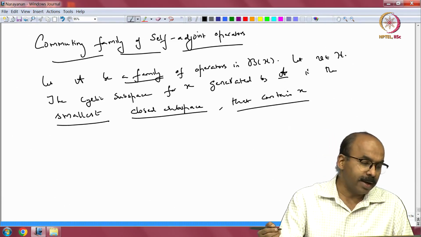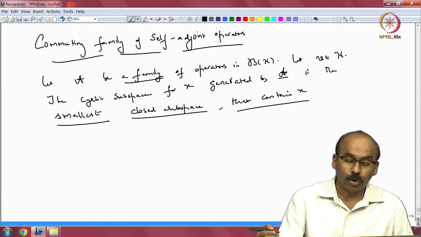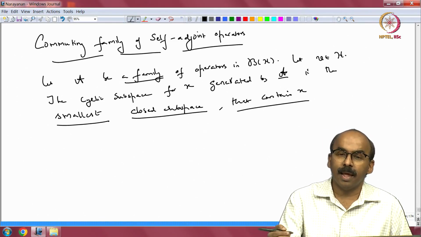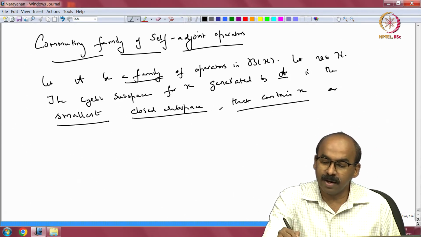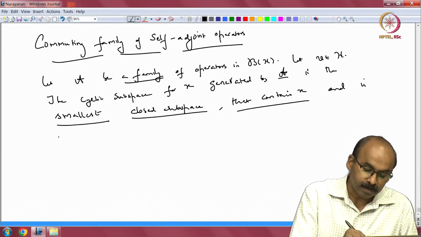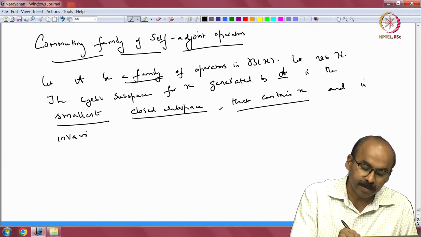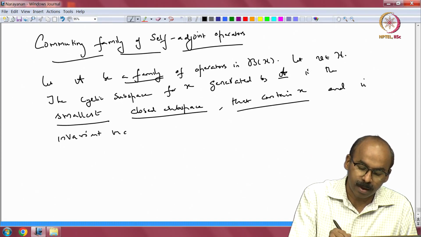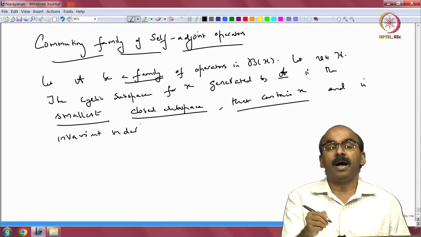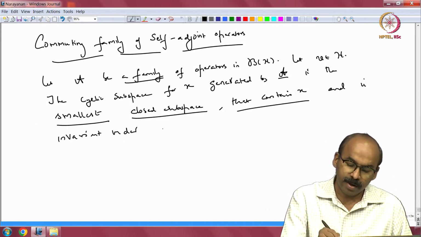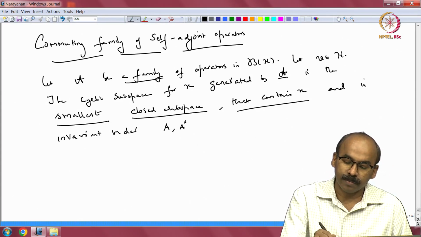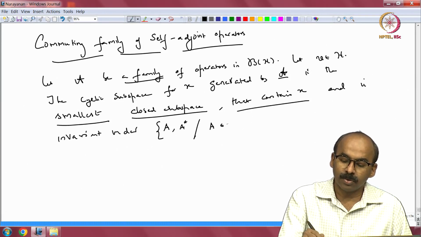So, it contains x and should be, and is, invariant under everything from script A and its adjoints. So, invariant under A and A star, where A belongs to script A.